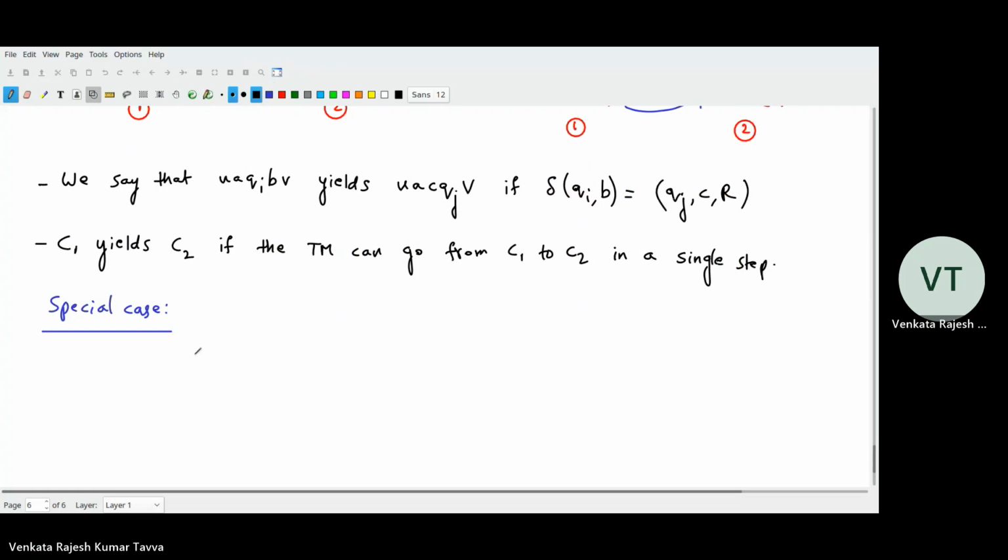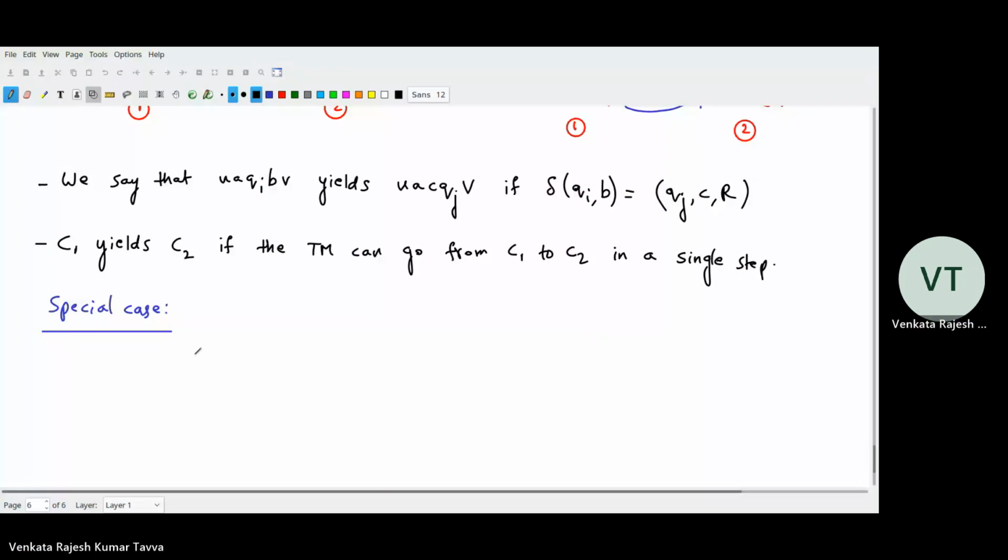Not the blank space. The other end. What if it is pointing to the left end of the tape, and you are given an instruction to go left again? It can't go further left, so it will remain there. But if it has to replace something, it will replace it and remain there.